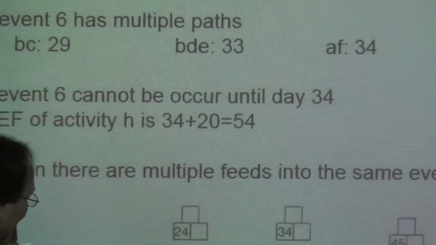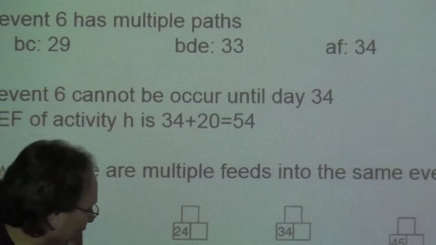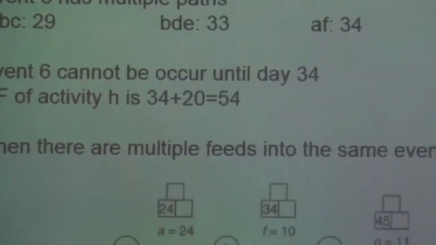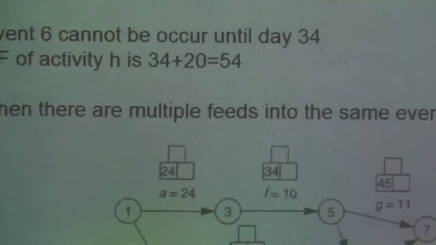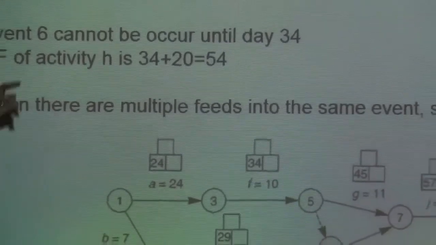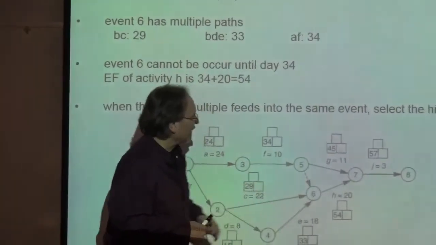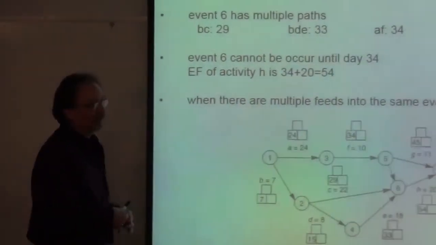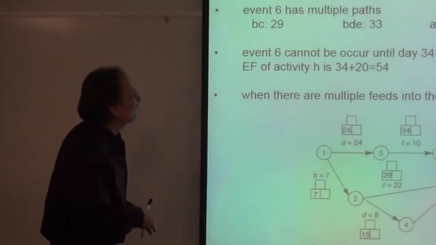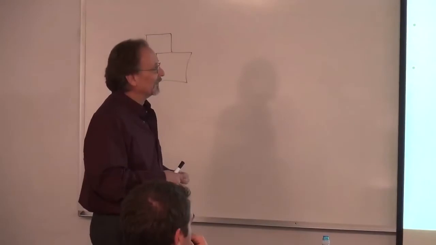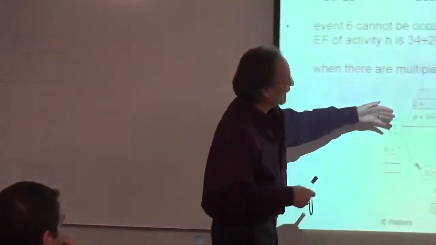For BDE it's 7 and 15 and 18, that's 33. So that means this particular one can't start until day 34. That's the earliest finish for that one, because we've got multiple things feeding into it.